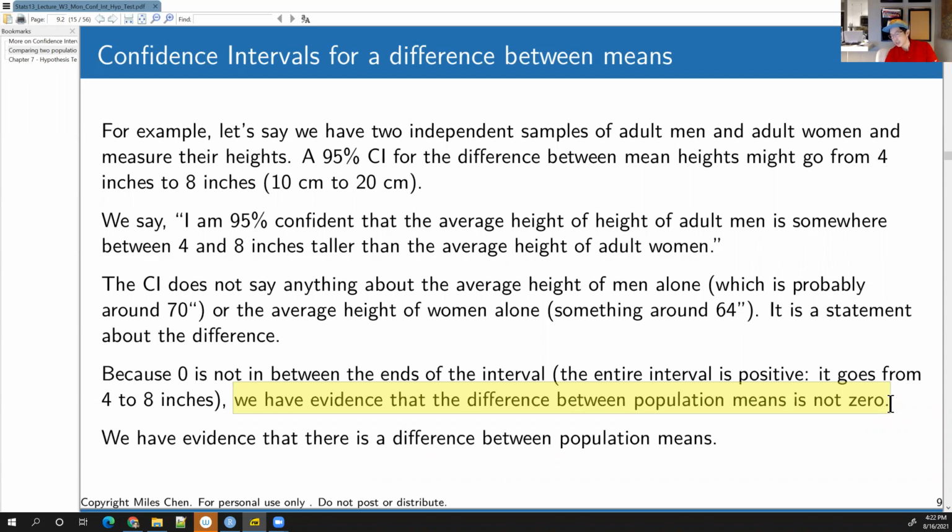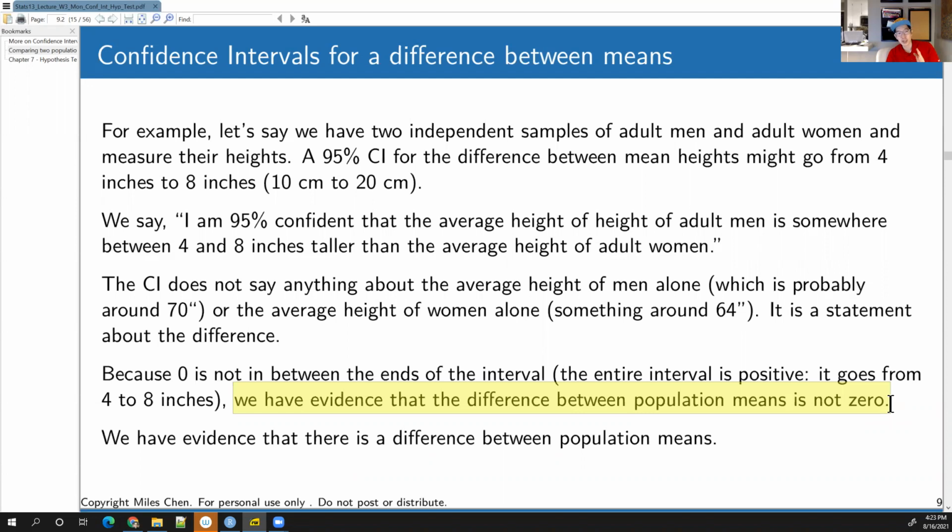And again, we're not saying anything about individuals, because if we're talking about individuals, you could definitely find a man and a woman who are the same height. You'll even find many women who are taller than many men, and that's not unusual when talking about individuals.